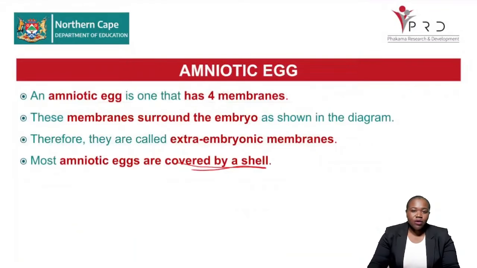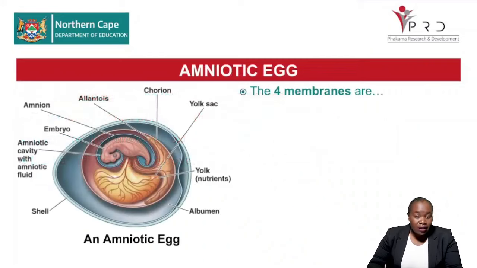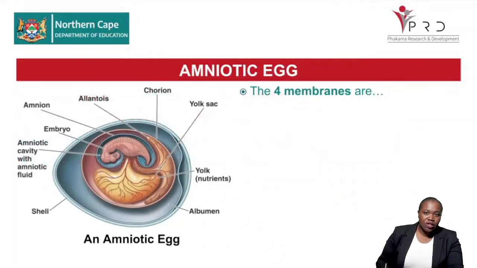All right, now let's have a look at the amniotic egg. The amniotic egg is made up of four membranes, which are referred to as the extra embryonic membranes. We're going to look at how these membranes protect and help in nourishing the developing embryo, and also at the fact that they are surrounded by an egg shell.